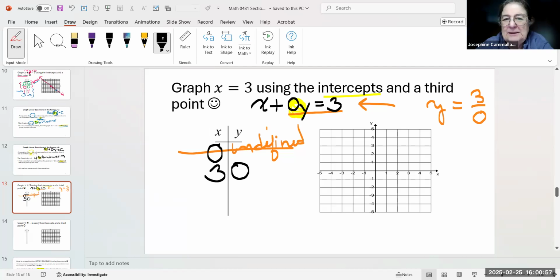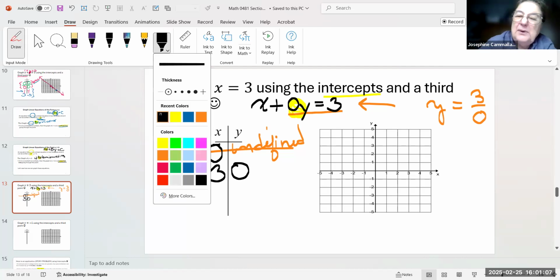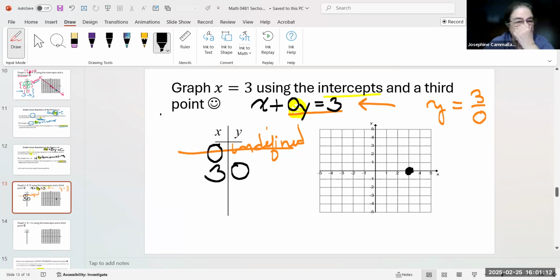So I'm going to graph 3, 0, which is right here. Now, remember what this means?